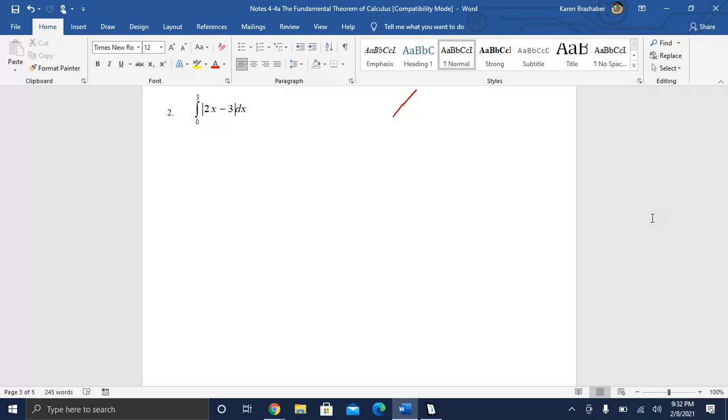But absolute values are V-shapes. So you have to take into account that you have another ray that is exactly the same as your 2x minus 3, except it has a negative slope. So we have your positive branch of 2x minus 3, and you have your negative branch of the negative of 2x minus 3.